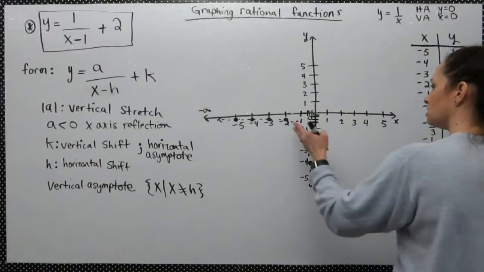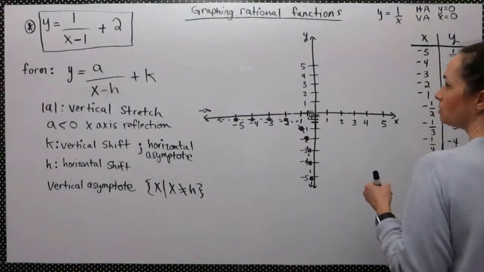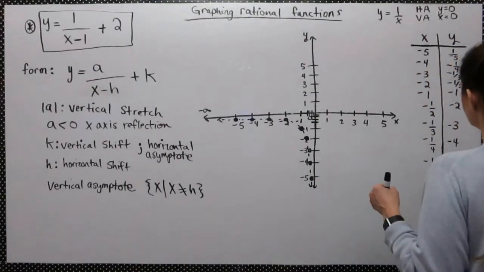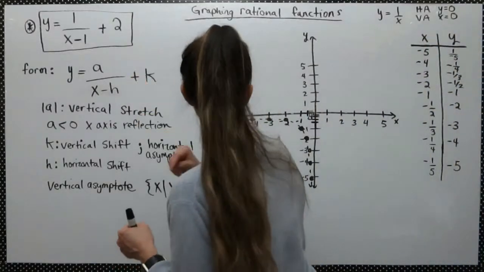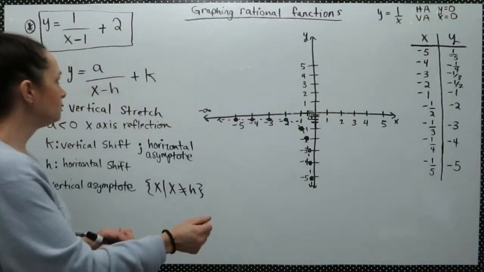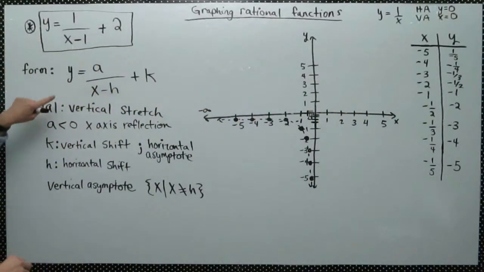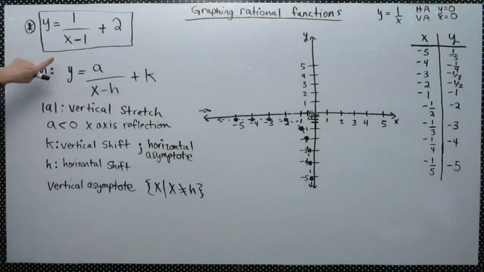And I dashed this one because what we're going to do is apply those shifts in the graph to graph this one. So this form right here, pulling the values.